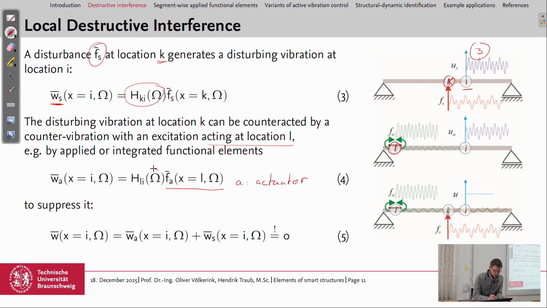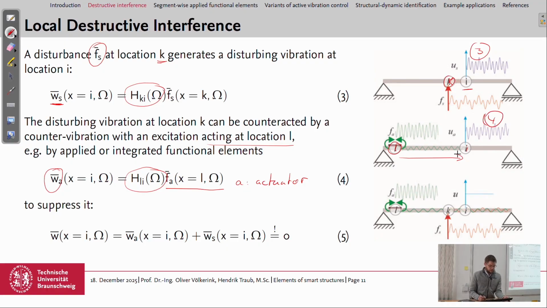And we need a different transfer function now from point L to point I. With this we also get a description of the vibration at point I, but induced by the actuator and not by the external excitation. This is described by equation 4.